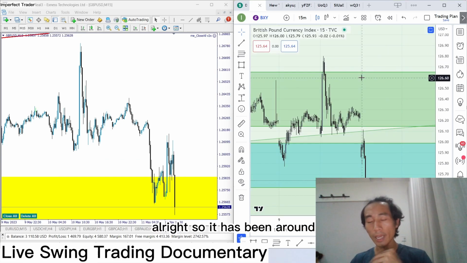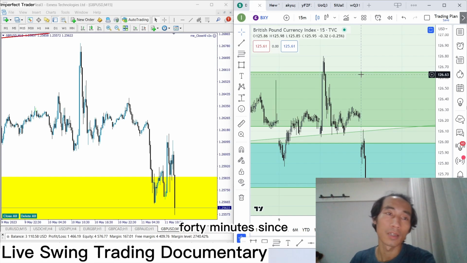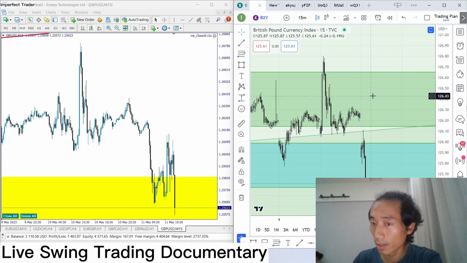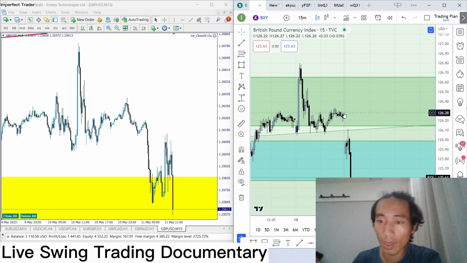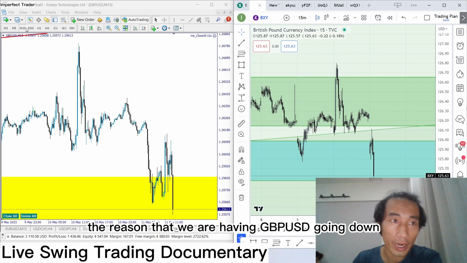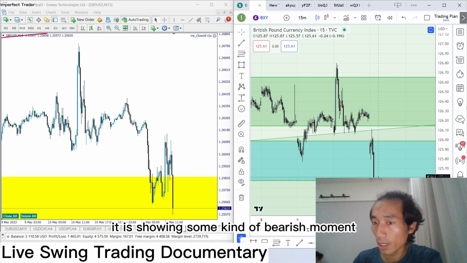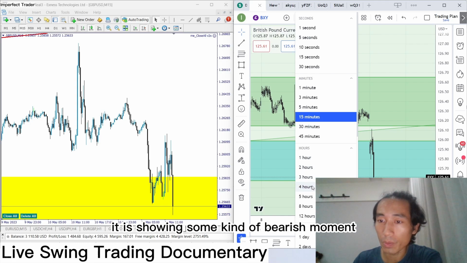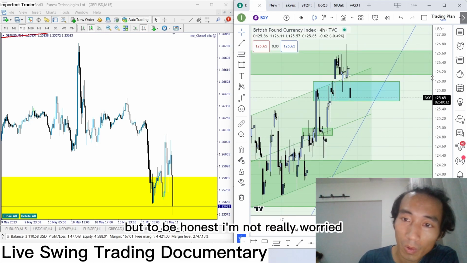Alright, so it has been around 40 minutes since the news was released, and the reason that we are having GBP USD going down is because you can see British pound index, it is showing some kind of bearish movement. But to be honest, I'm not really worried.